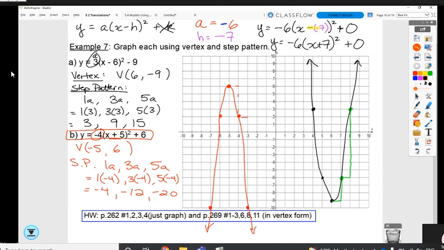You might need some graph paper here because we are going to be graphing some of these in vertex form. But our homework is down here on 262 and 269. Where's my textbook?